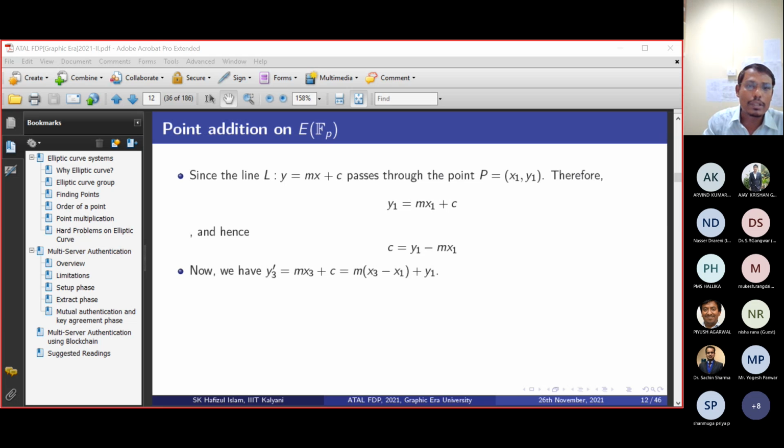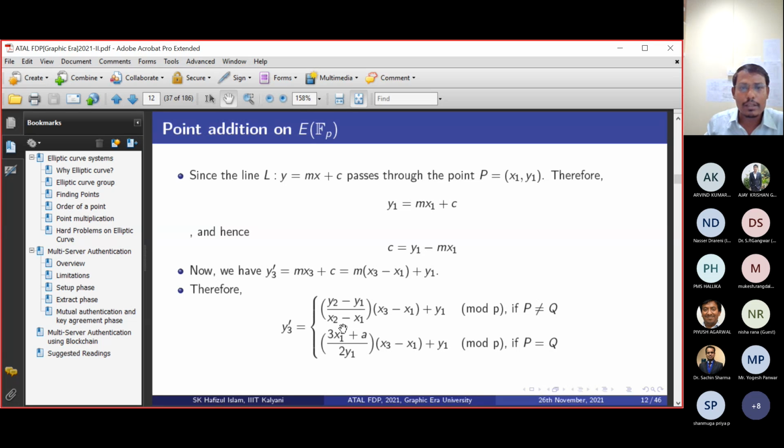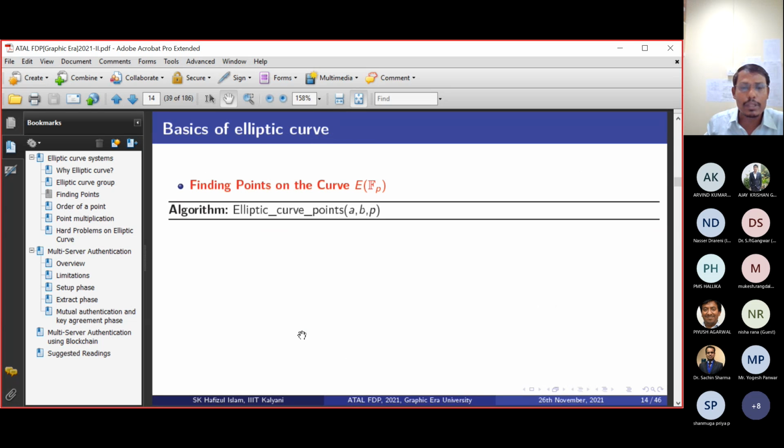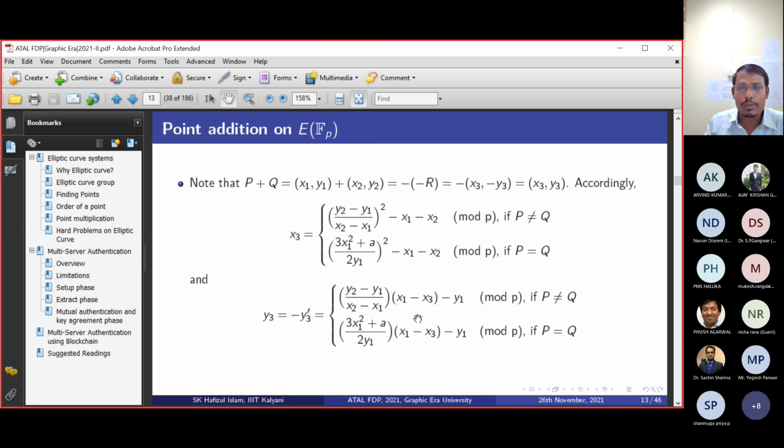So this is the y3, and you are getting x3 from this, right? So this is the way you can calculate all the x3 or y3 points. Finally, this is the y3 point, and the negative of y3 will give you this point. So how we are calculating the value of x3 and y3, now you can easily understand. So this is how we define the point addition and the point doubling operation. This is the geometrical interpretation as well as the mathematics behind the elliptic curve point addition and point doubling operation.